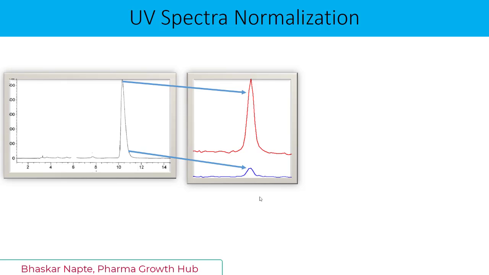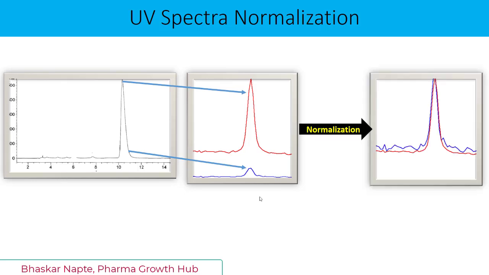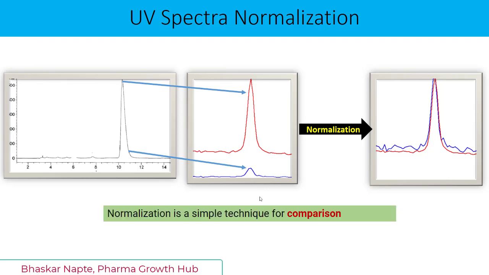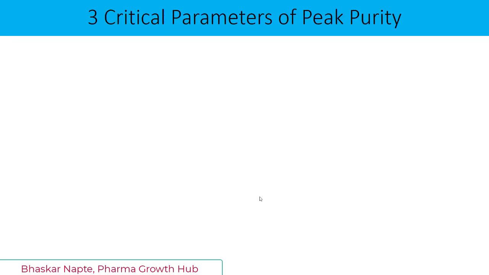You are going to make both the spectra into a similar scale, and after normalization, both the spectra will look like this. Okay, so in short, normalization is a simple technique used for comparison. I hope you understand the normalization technique.